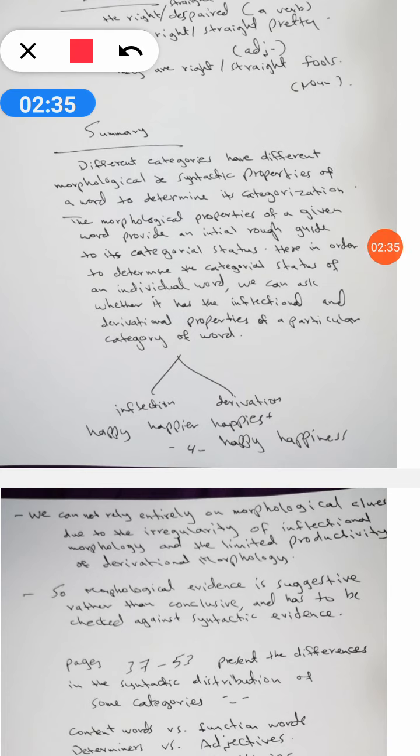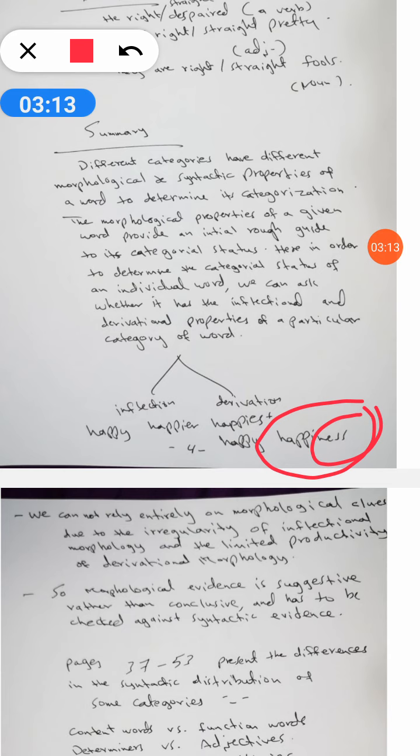Then if we talk about derivation, we can identify the category of a certain word from the derivational suffix with which it ends. For example, a word like happiness. Happiness simply is a noun because it ends with the suffix ness. Only nouns end with this derivational suffix. We can take other examples. Careful is an adjective because it permits the derivational suffix ful.